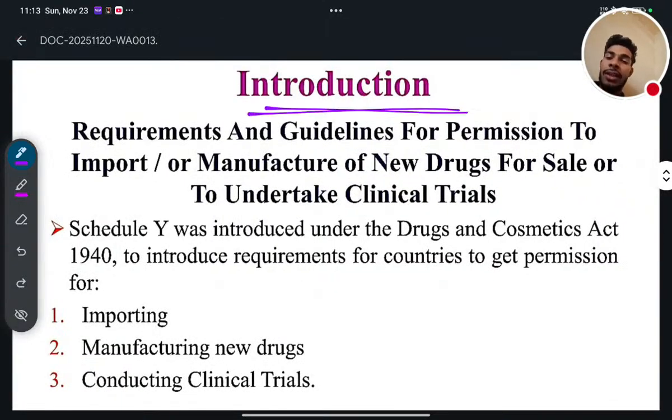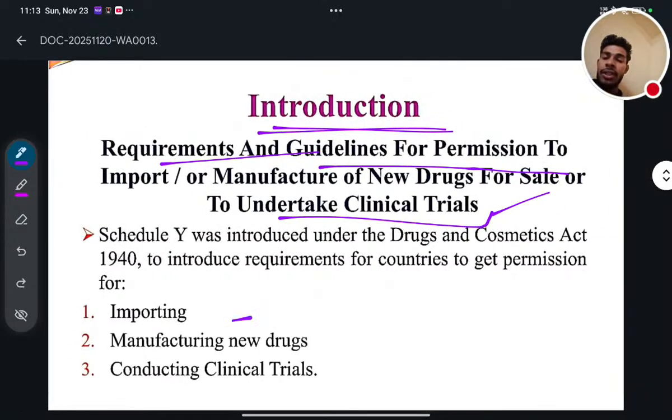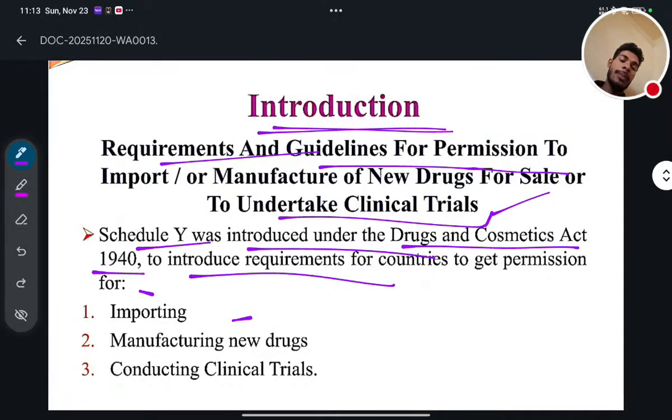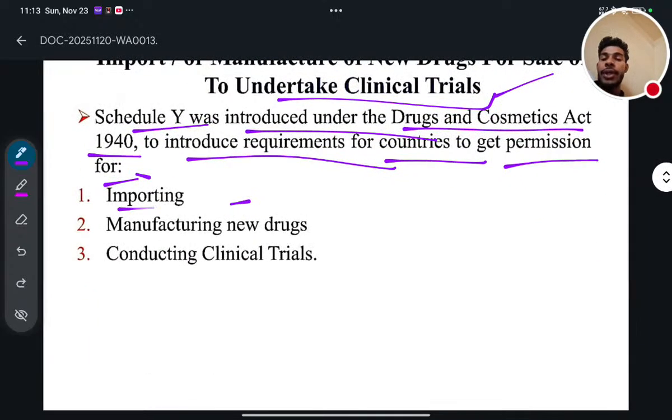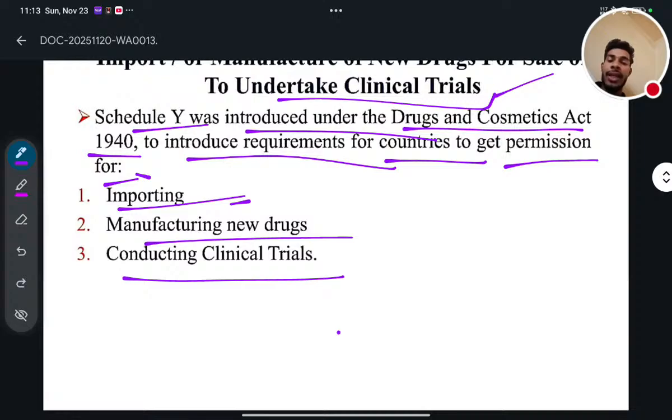So what is the introduction? Requirements and guidelines for the permission to import or manufacture new drugs for sale or to undertake clinical trials. This is all about Schedule Y. Schedule Y was introduced under the Drugs and Cosmetics Act 1940 to set the requirements for getting permission for importing, manufacturing and conducting clinical trials.